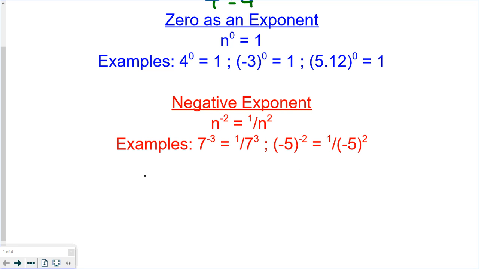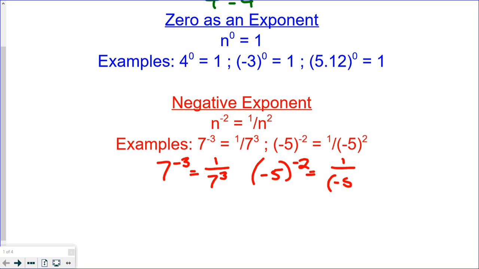I don't like the format this is written in, so let me just rewrite this. 7 to the negative third is equivalent to 1 over 7 to the positive third. Negative 5 to the negative second is equivalent to 1 over negative 5 to the positive second. So you simply take the power, put it under 1, and that makes the exponent positive. And again, that can be proven using the division property of exponents.